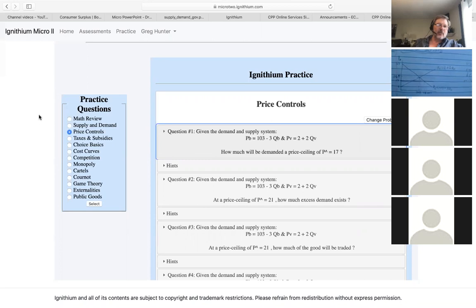Marlena, your equilibrium price is what? It's 42.4. Okay, so the equilibrium price is 42.4. And then, notice your price ceiling is below the equilibrium price.